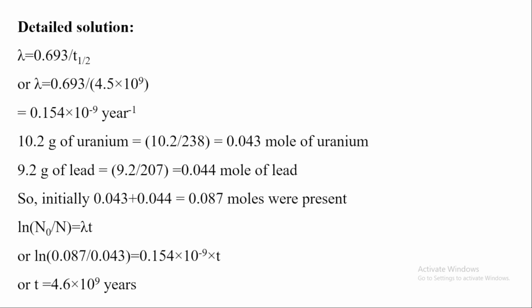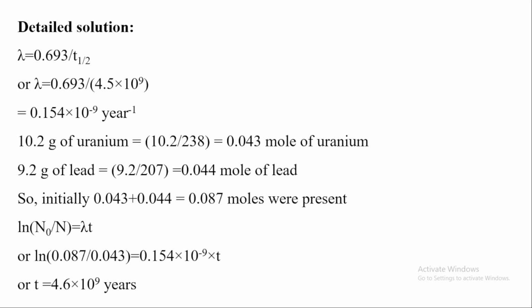So n0 is 0.087, n is 0.043. So ln of 0.087 divided by 0.043 is equal to the decay constant we calculated from the half life, 0.154 into 10 raised to the power of minus 9, multiplied by t. T is the time that has taken to decay from 0.087 to 0.043 moles.